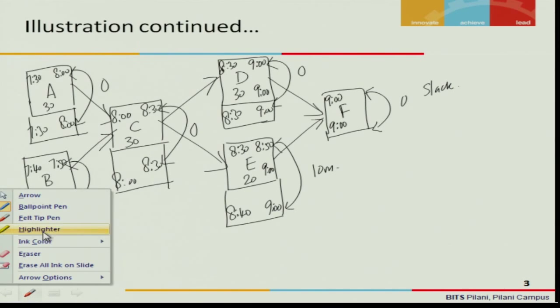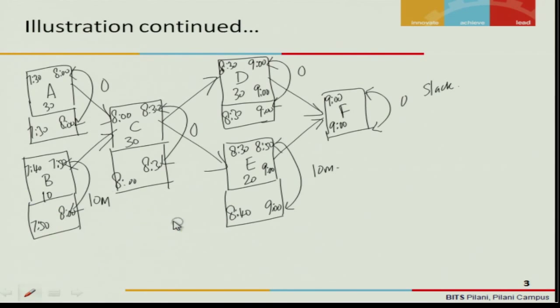Let us try to highlight it and then understand what is that critical path. There is no slack here, so this becomes a critical path. There is a slack of 10 minutes, so this is not a critical path. Your colleague can take a slack of 10 minutes.